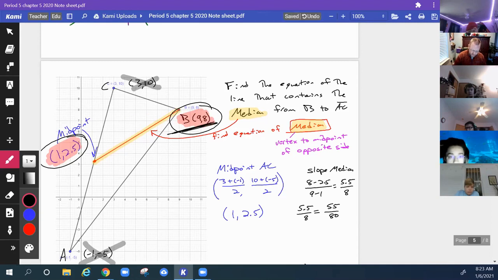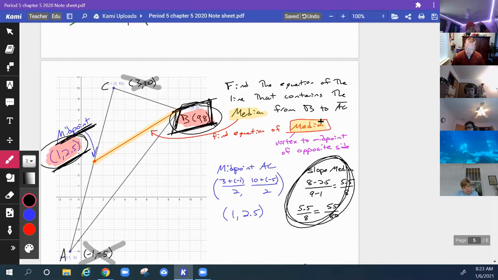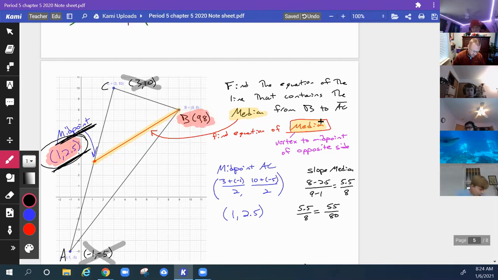This point right here was given to me, where this point I had to calculate from the midpoint formula. So once I have those 2 points, I can then find the slope, and then I can write the equation of the line.